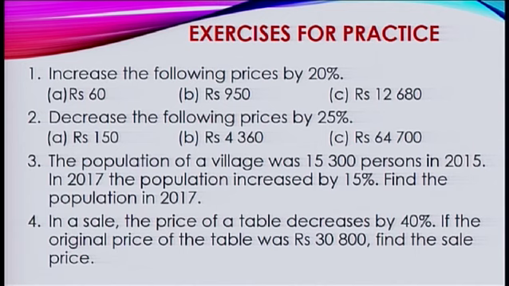In 2017, the population increased by 15%. Find the population in 2017. Question 4. In a sale, the price of a table decreases by 40%. If the original price of the table was 30,800 rupees, find the sale price.